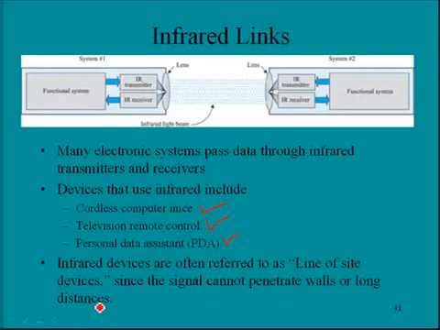Or if there's a glass or something in your way, the TV won't respond. That's because these are what are referred to as line of sight devices, typically short range. Though your text doesn't mention it, infrared devices usually are operating up in the terahertz frequency range.